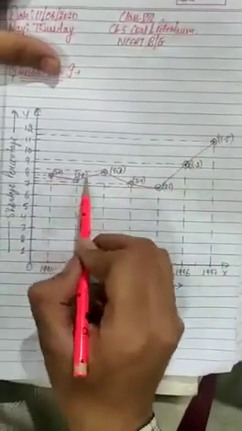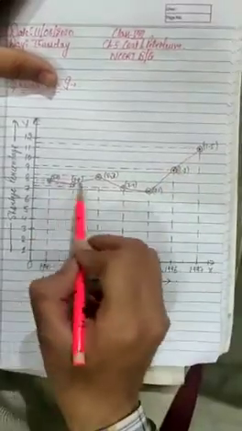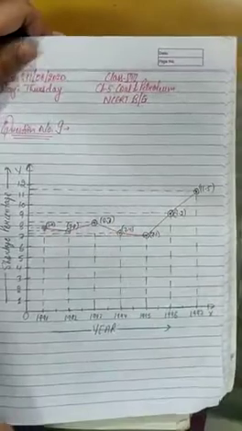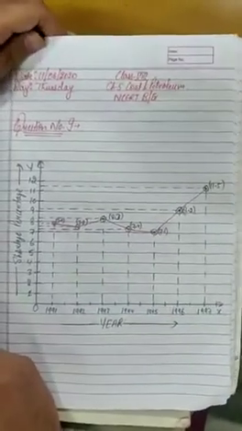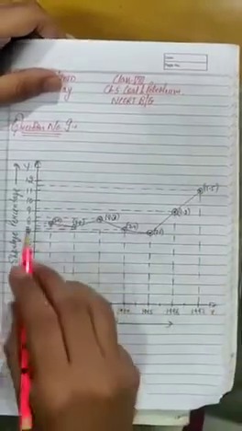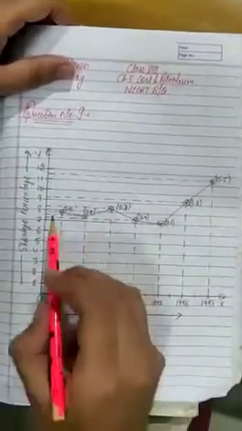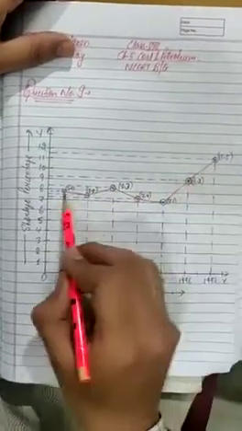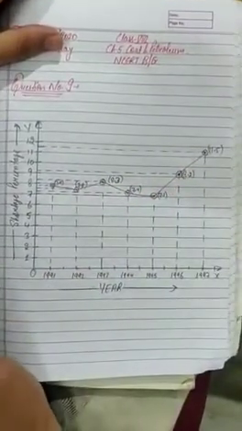You can make it with a sketch pen of any color and show the graph. Got it? And please erase the dotted or dashed lines after you make the graph. You have to only show the points and join them with a line.